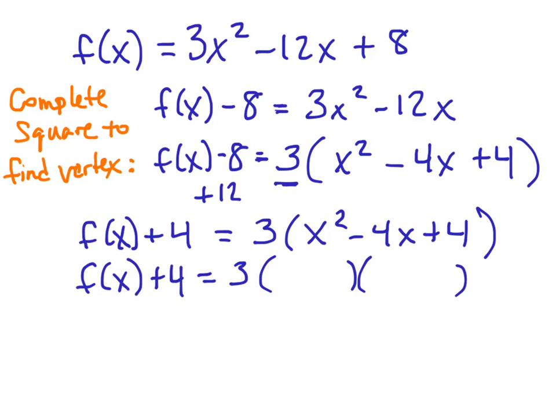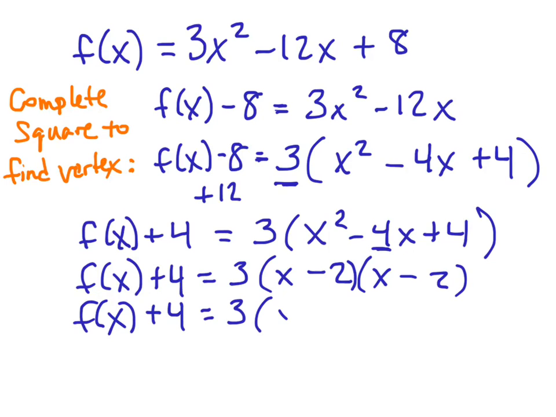I can factor this as x and x, 2 and 2, and then I either need two positives or 2 negatives, and since my term in the middle is negative, I need 2 negatives. Rewrite that as x minus 2 squared, and then finally move the 4 to the other side.